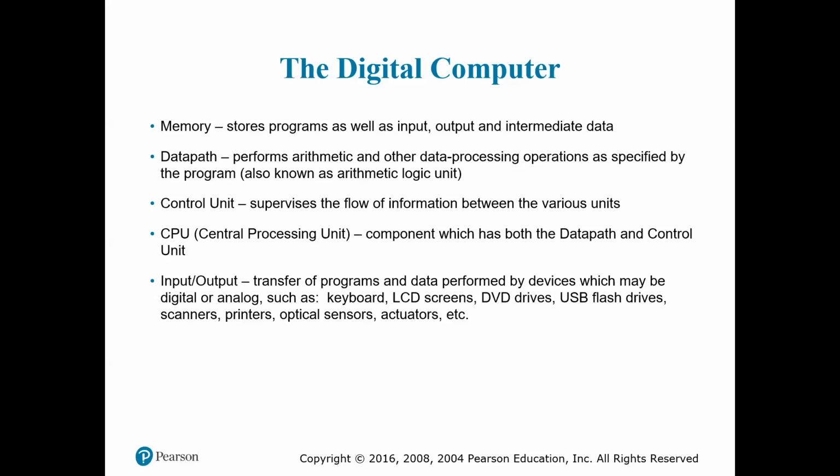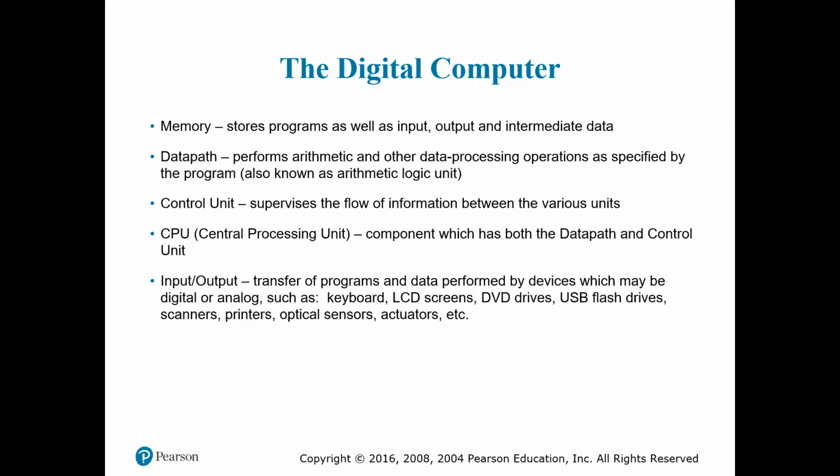The control unit supervises the flow of information between the various units. And as I said before, the data path and the CU comprise the CPU, which is the central processing unit. And this is a component that most of us are familiar with. But as I mentioned, there is an MMU and FPU, floating point unit, and memory management unit.